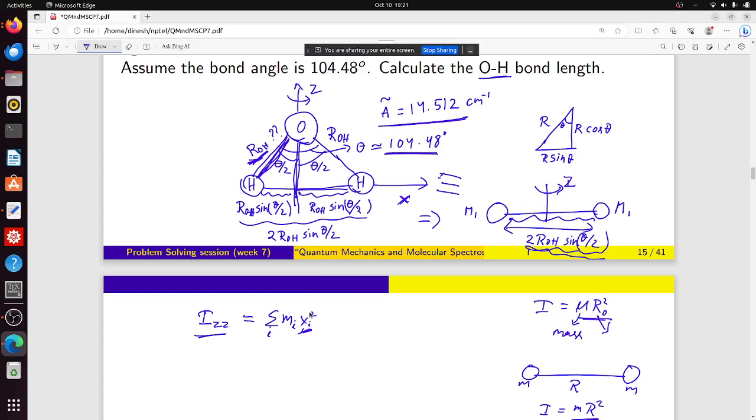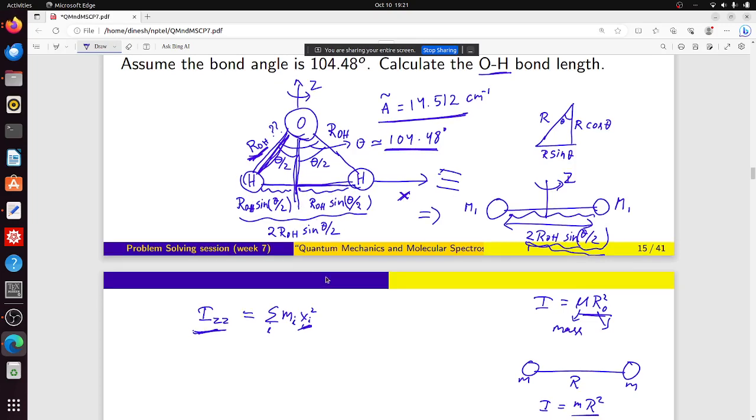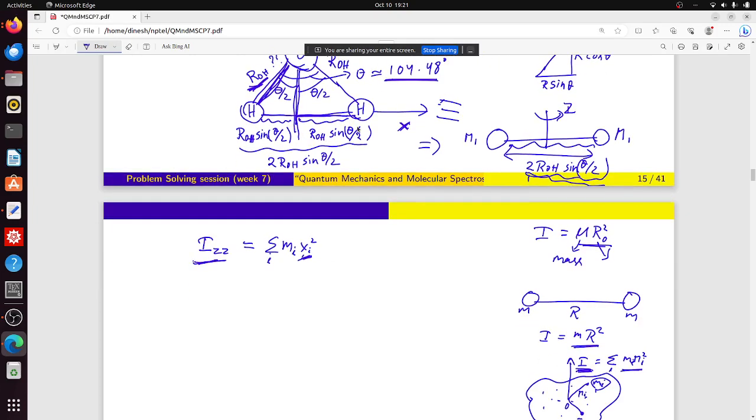If the distance is 0, then its contribution to the moment of inertia along that axis will be 0, right? But for the hydrogen atoms, you see they are separated by some distance from the reference axis. So in this case their contribution will be non-zero, right?